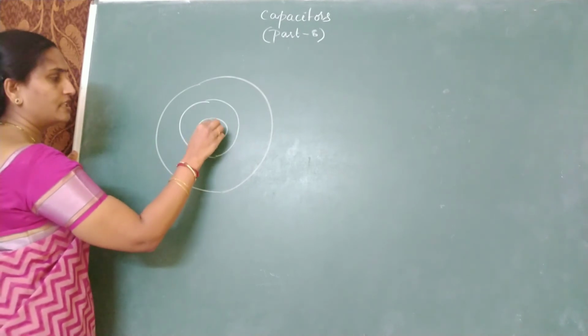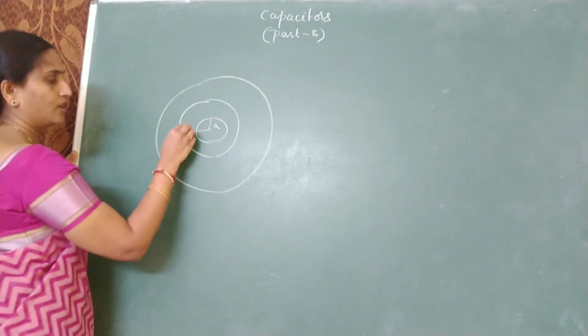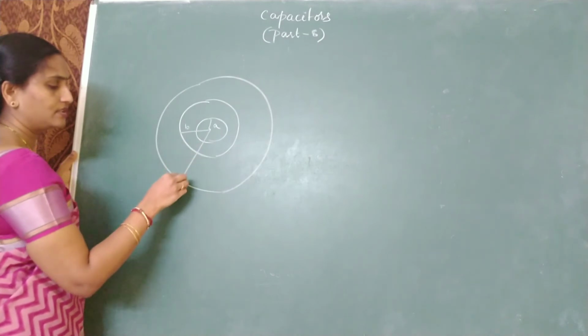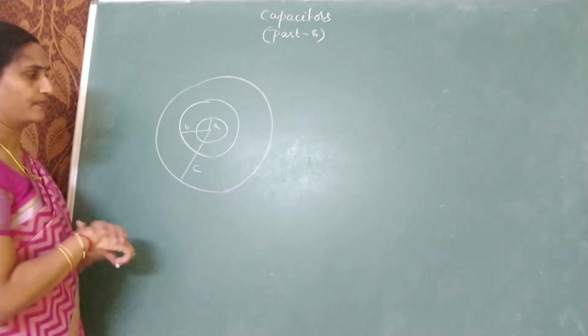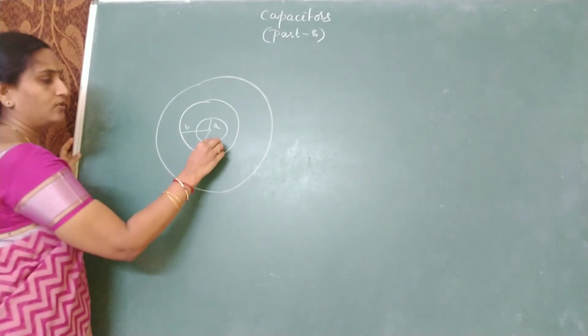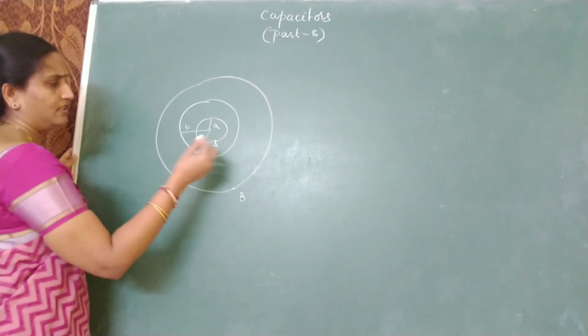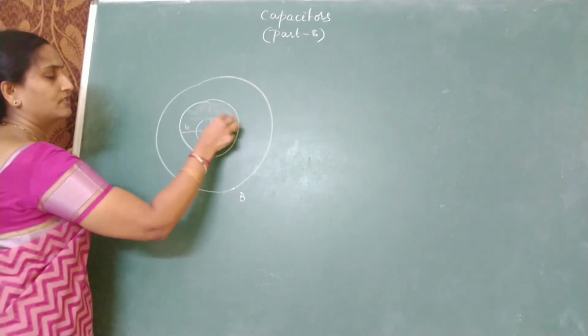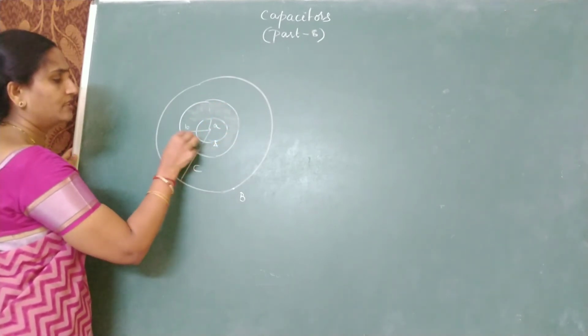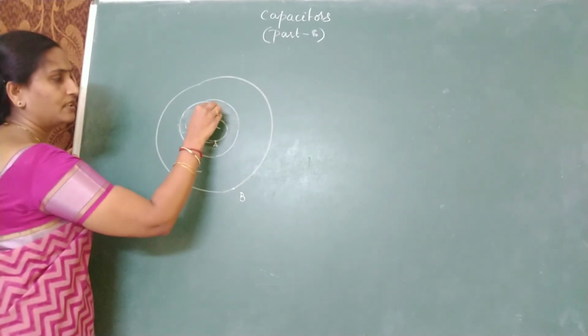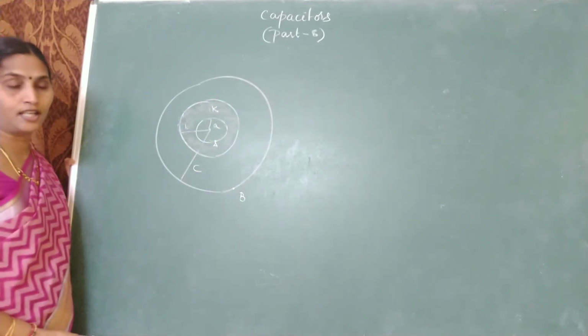Let the inner radius be A, outer radius is B, till here it is C. Now we need to find out the capacitance between A and B, and let us suppose that this region is completely filled with a material of dielectric constant K.